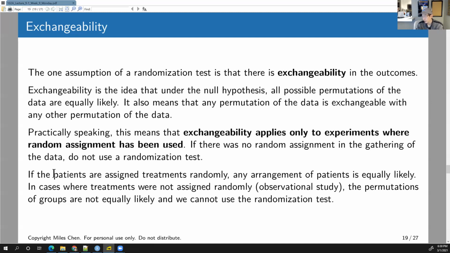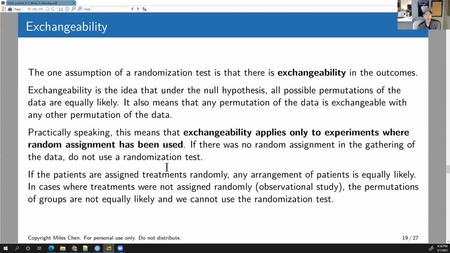So we're going to say if the participants get treatments assigned randomly, then any arrangement of participants is equally likely. But in other cases, like some kind of observational study, where the treatment might be some kind of condition, like this person chooses to smoke, and we want to know if there's some relationship between smoking and some disease, that's not a random thing.